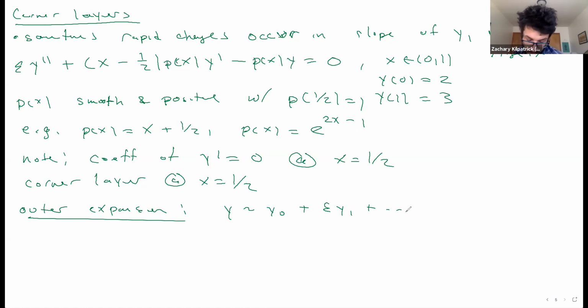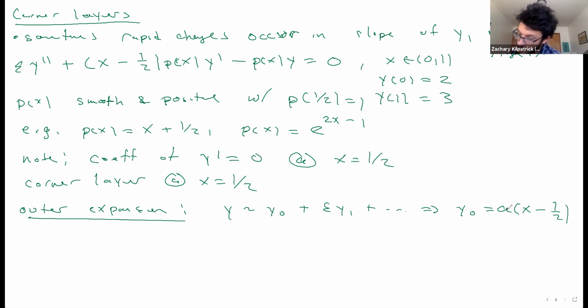If we plug this in, we have a separable equation that we can solve. And in particular, I get that y0 equals a times x minus a half. Okay. So our outer solution, right?